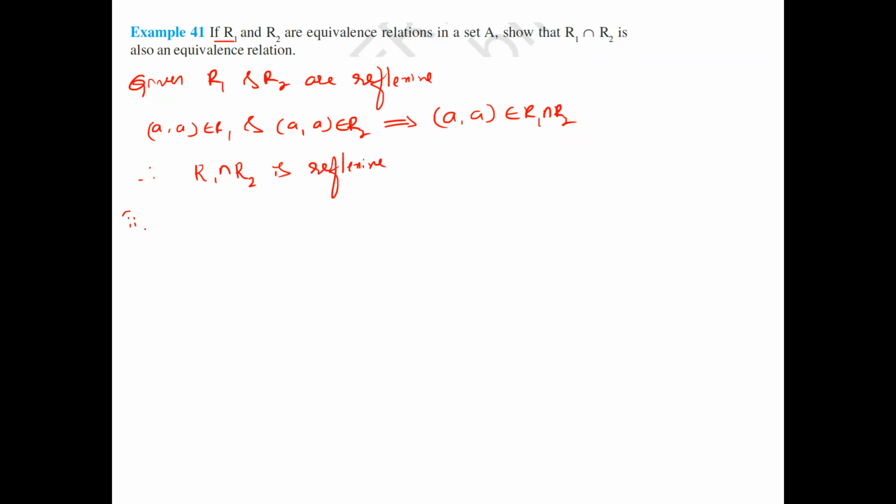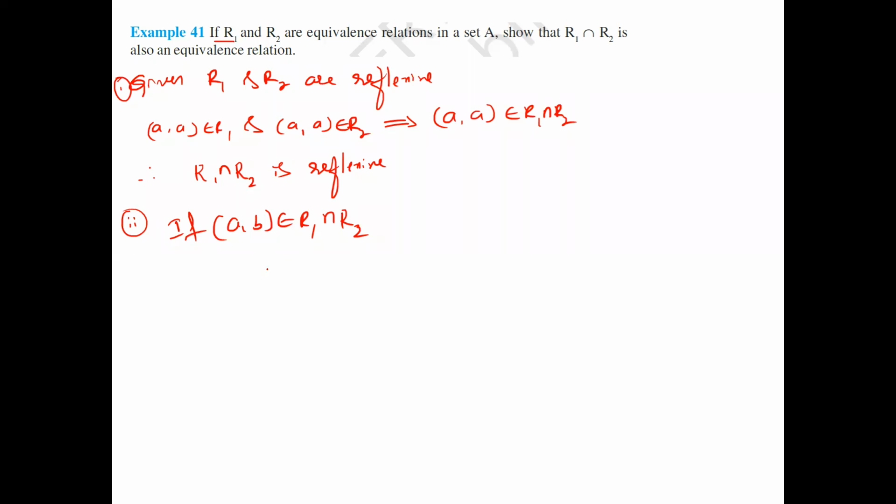Okay, next one is symmetric. The first one was reflexive. Next, how to find the symmetric? What is the condition? If A comma B belongs to R1 intersection R2, now to prove that B comma A also does.